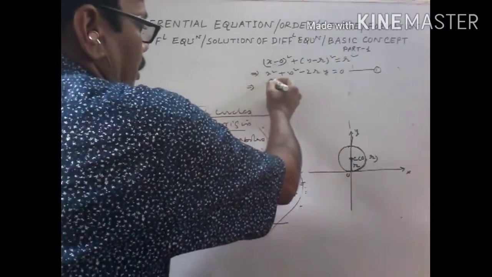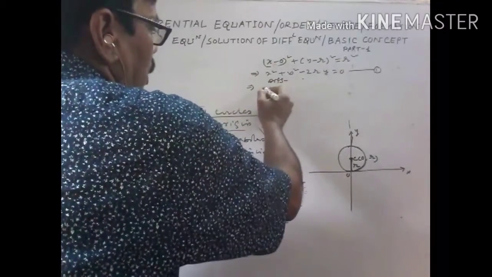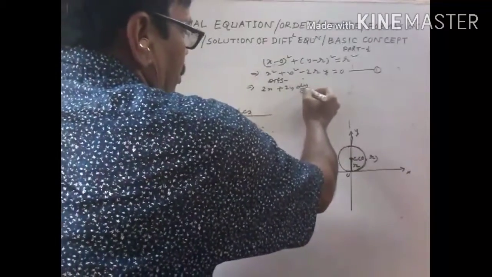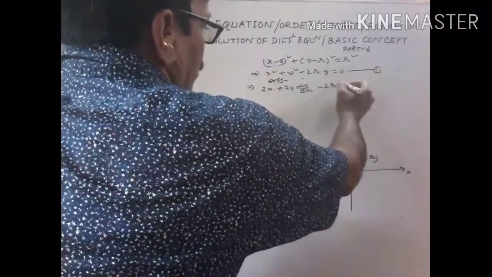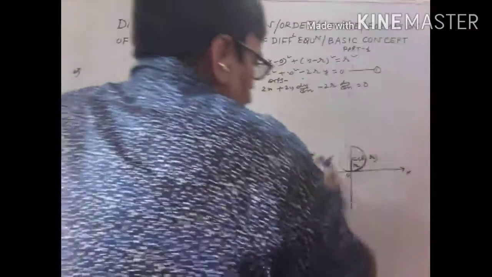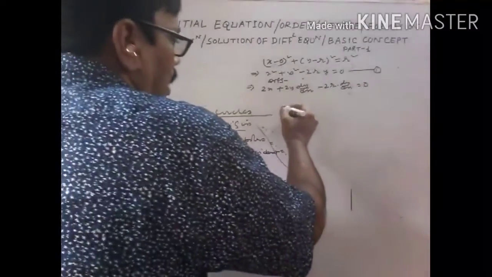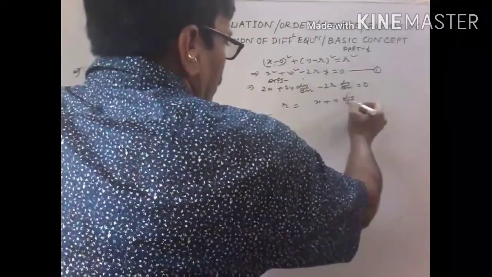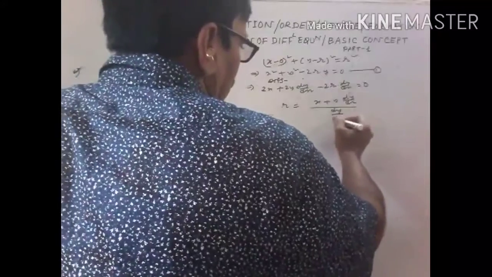So if we differentiate with respect to x, we get 2x plus 2y dy dx minus 2r dy dx equals 0. So what is r? R equals (x plus y dy dx) by dy dx.